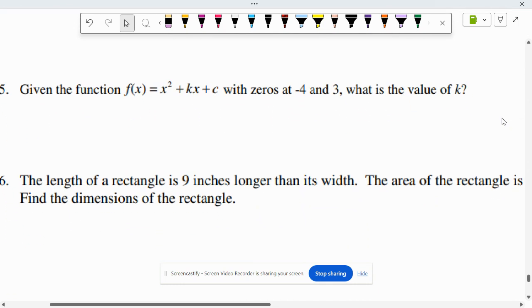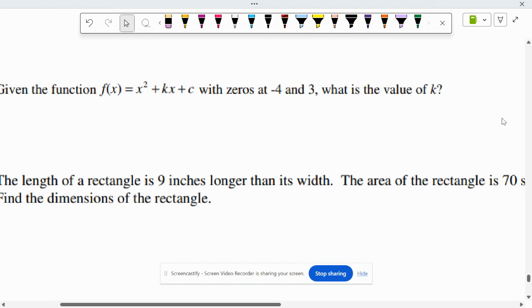It says, given this function, f of x equals x squared plus kx plus c with zeros at negative 4 and 3, we have to figure out the value of k. So here's what I know. I know that if x equals negative 4, that's the root. What factor did that come from?